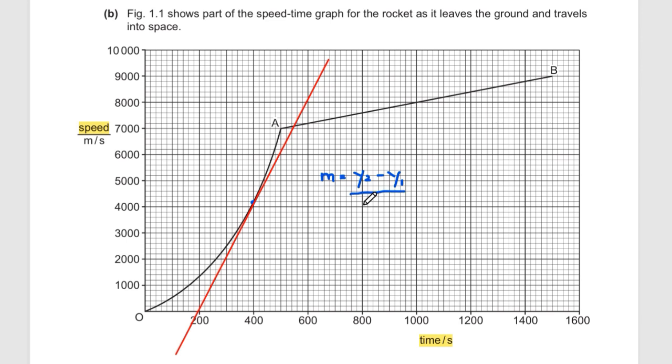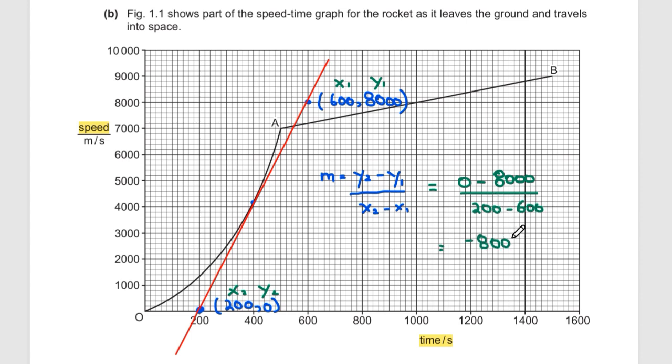As I have told you, to get acceleration, we need to get the gradient. So I am marking any 2 points on the line. You're free to choose any 2 points and mark the coordinates of the point. Name one coordinates x1, y1 and the other coordinates x2, y2. Now put the values in the formula of gradient. 0 minus 8000 over 200 minus 600.